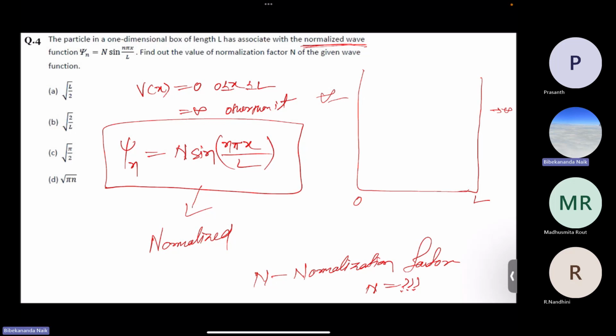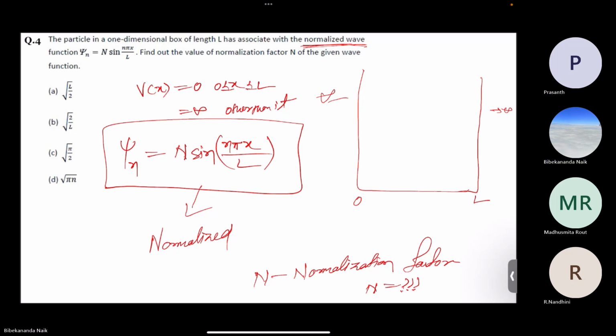Prashant, can you hear me? Yes, sir. So you know about the wave function, particularly in a one-dimensional box. Have you learned about it in past days? In which course are you, BSc or MSc?